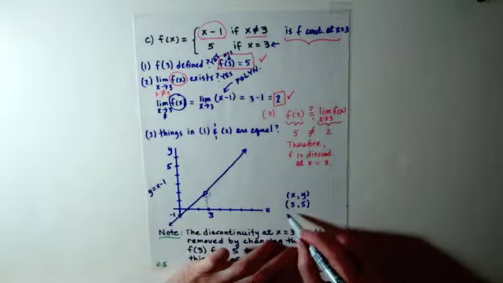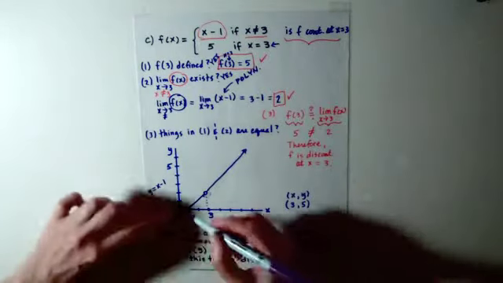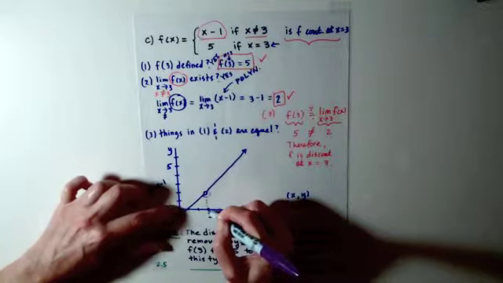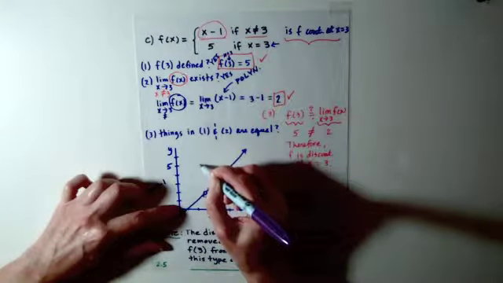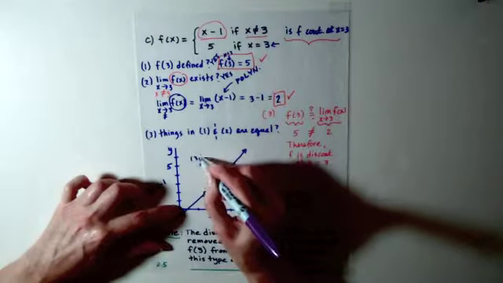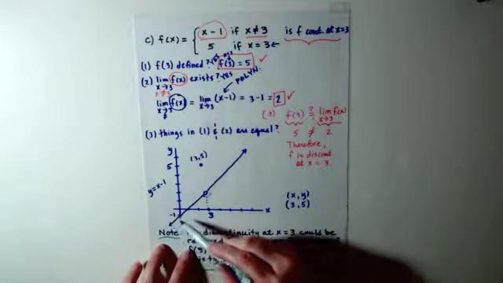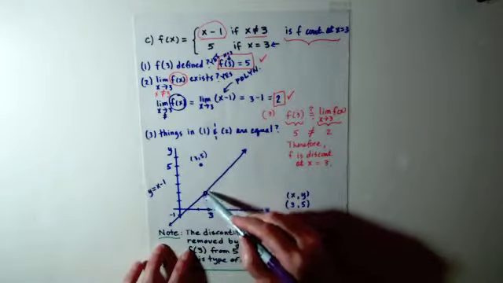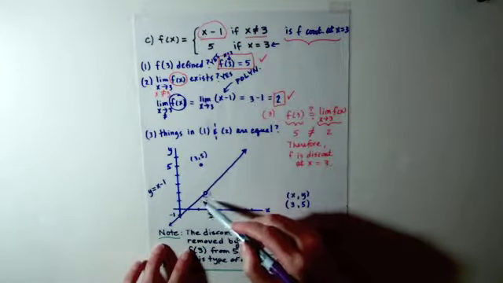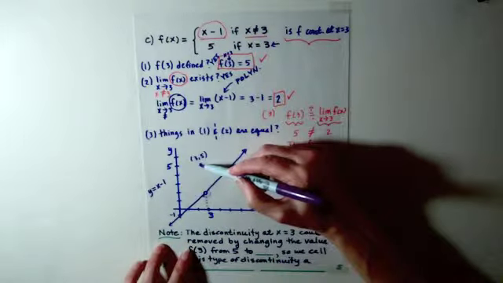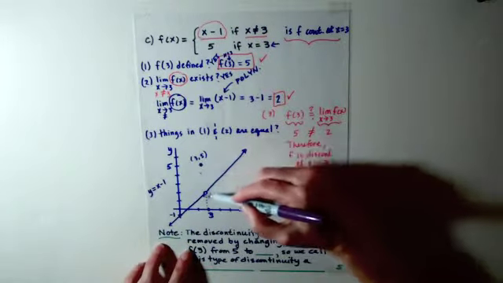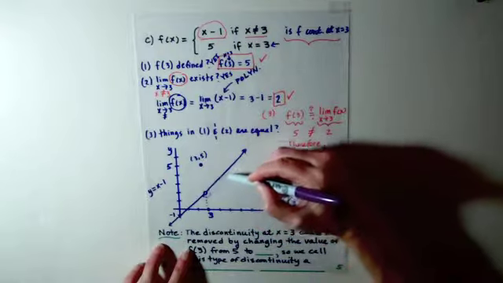So that would be graphically a single point on my graph. When x equals 3, I get an output value of 5. So I get this dot up here at the point 3, 5. And my graph would look like this. It would be a line that has a hole in the graph right here at the point corresponding to x equal 3. It jumps up to this point at that one value, and then we continue getting outputs by traveling along this straight line.